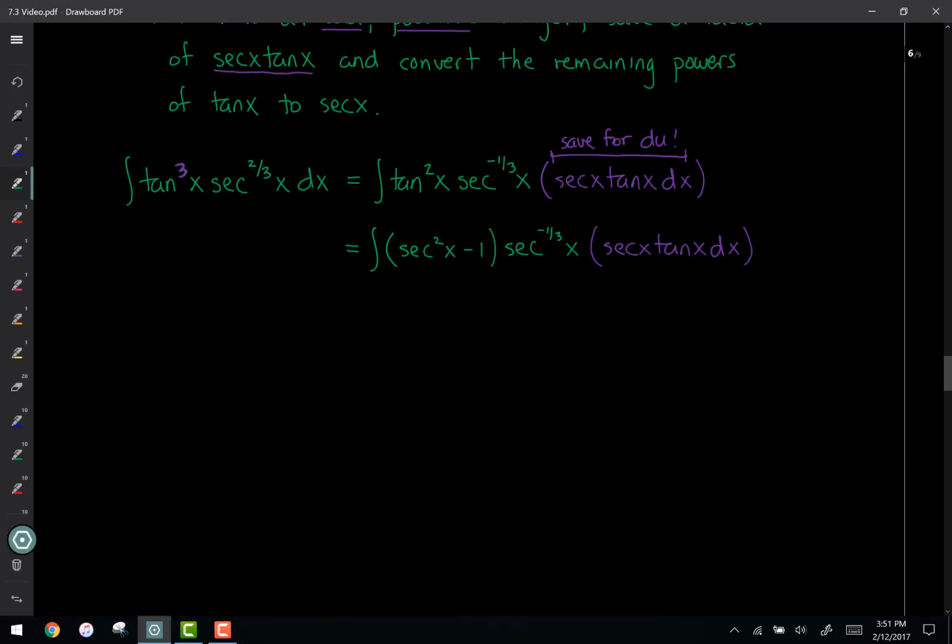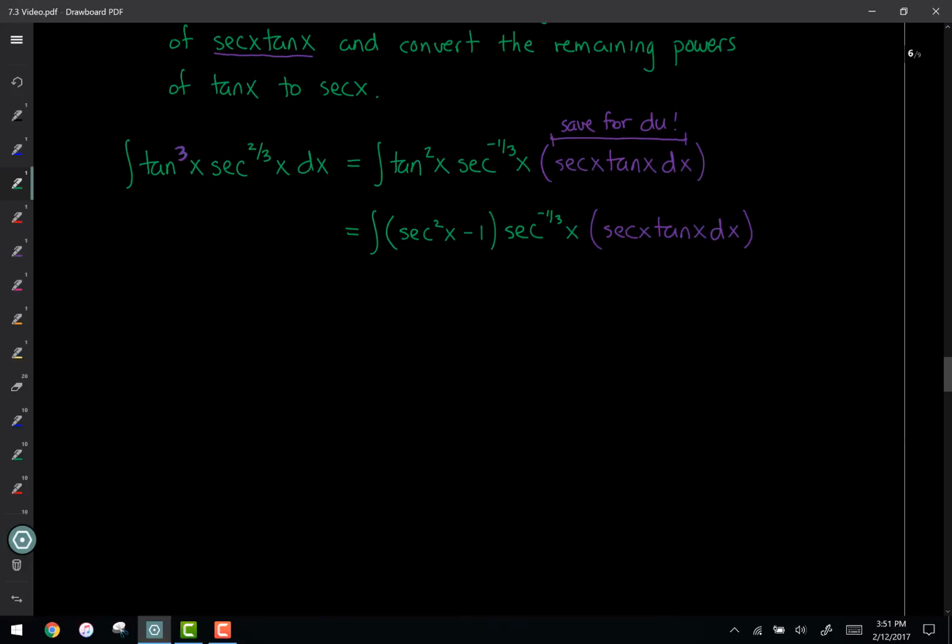As before, distribute the secant to the negative 1/3 into there. So I have secant squared times secant to the negative 1/3. So you're going to add the powers together. So 2 is a 6/3. So you have a 6/3 minus a 1/3 gives me a 5/3. So secant to the 5/3 x minus, well, 1 times that thing is just that thing, times the stuff, again, that we're saving. And now we're good to go.